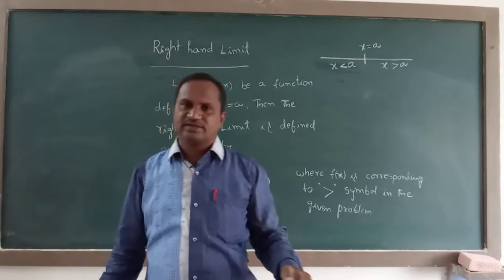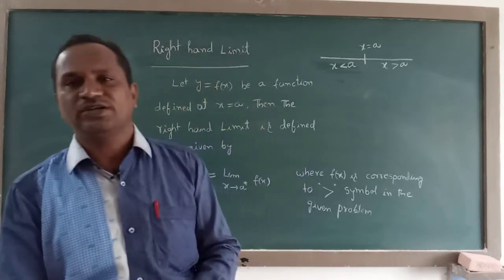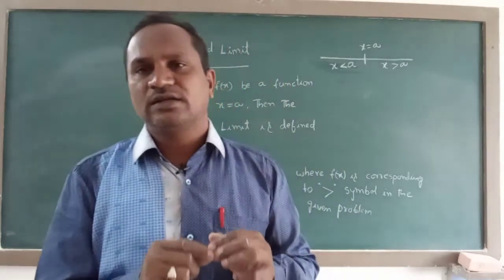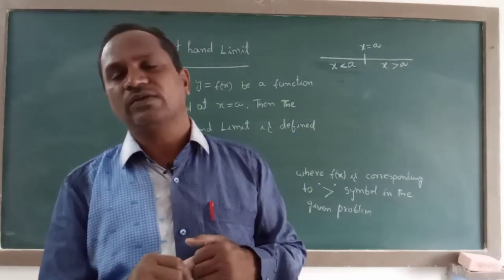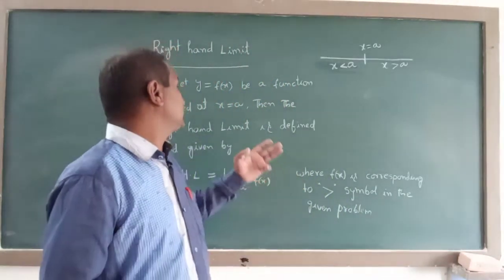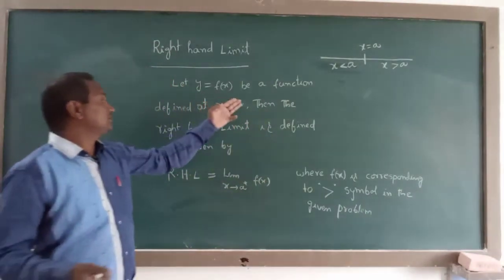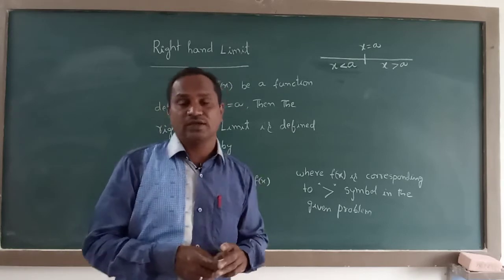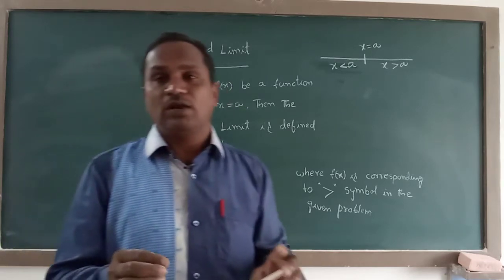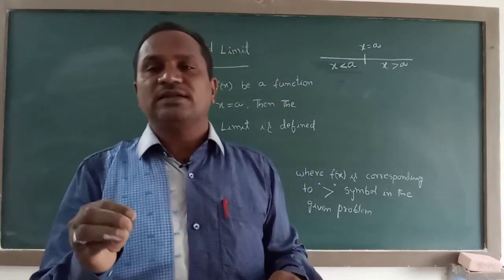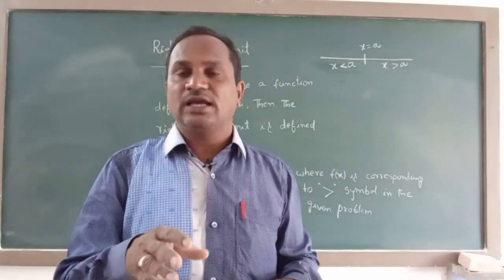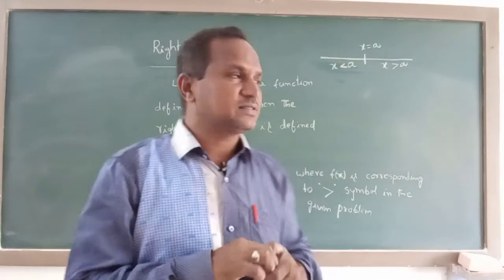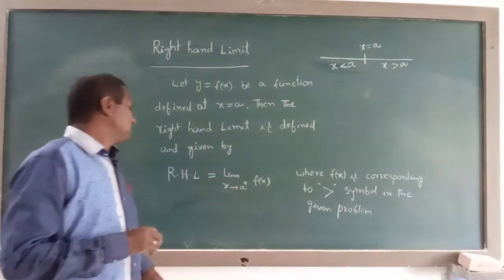Exact is equal to means the function value corresponding to the is equal to symbol. Whichever value is there, that value is considered to be the function value, that is f of a. For example, y is equal to f of x defined at x equal to a, then the function value is y is equal to f of a. This is the definition for right hand limits.